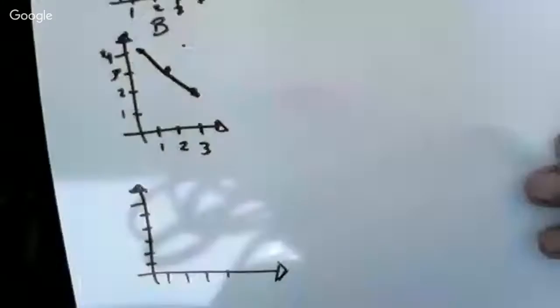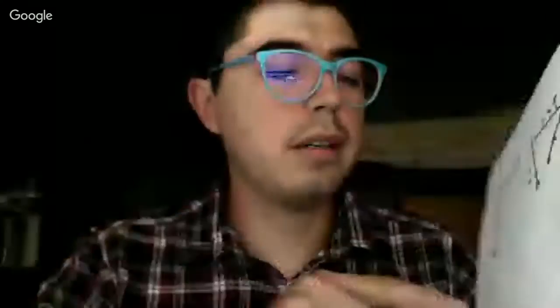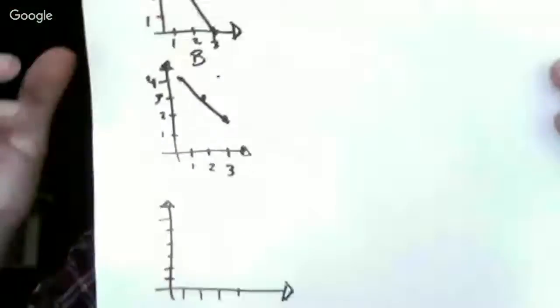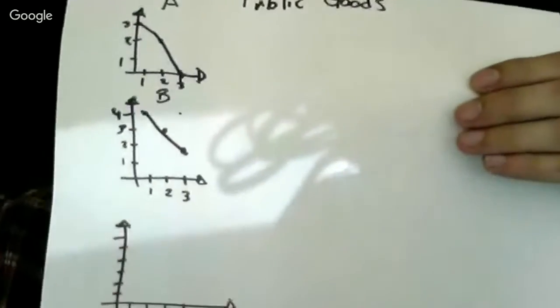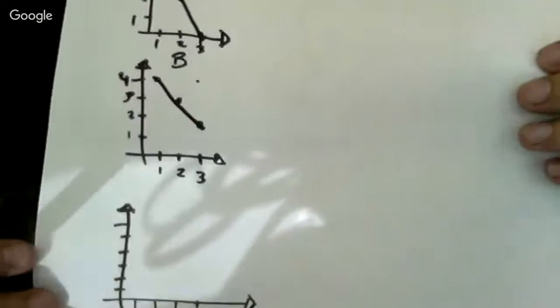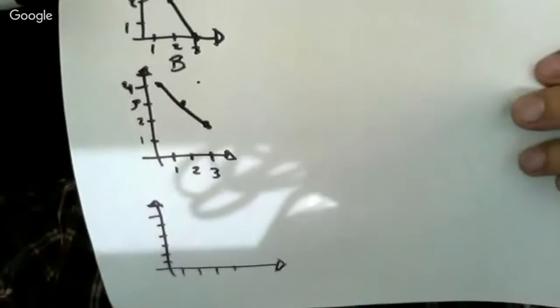So we have two demand curves that look like this. This is for public goods. Let me write it here so it's more clear. Public goods. Yeah. So how do we build our aggregate demand from these two curves?